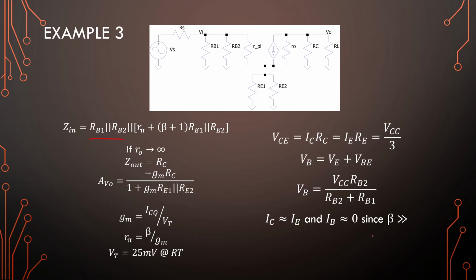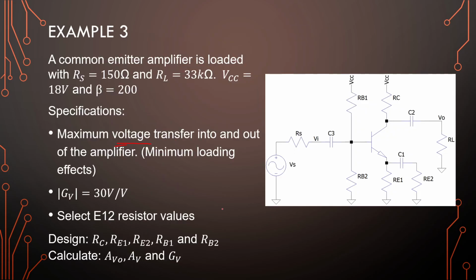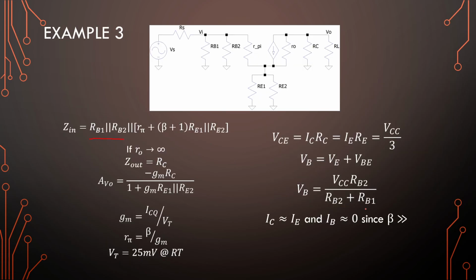And note that we are not using the rule of thumb again, because a specific input impedance is implied with this maximum voltage transfer right here. Okay, so don't always just go with the rule of thumb. There are exceptions to the rule.